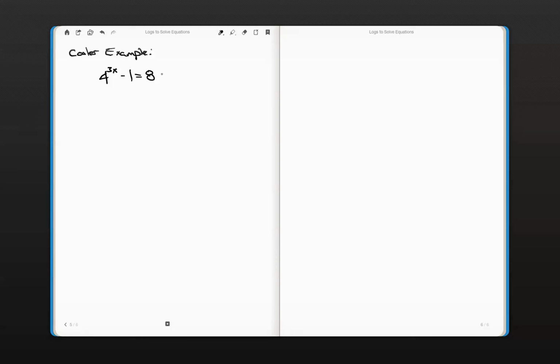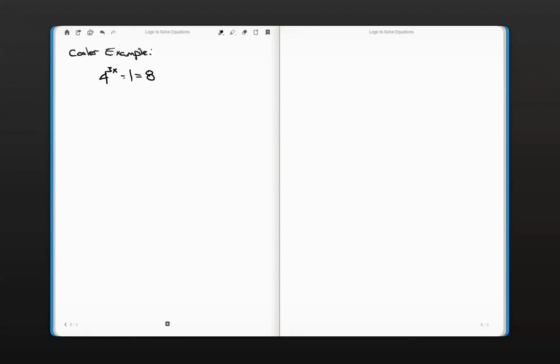Wow. So what is this? In this case, my variable is stuck up here in my exponent. My x is up in an exponent. I've never had to deal with this before. Boy, I don't know. What am I going to do?